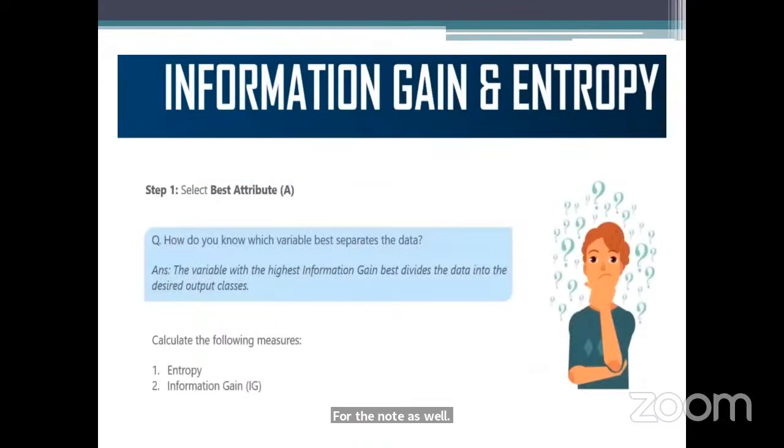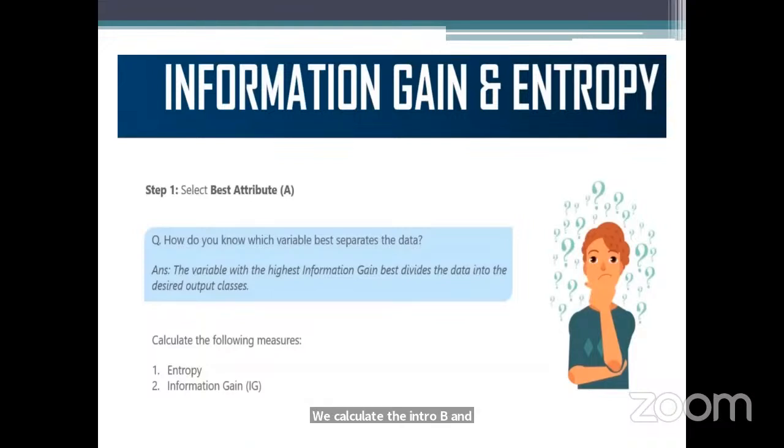So step one is to choose the best attribute, right? So how do you do it? Which attribute separates the data? The variable with the highest information gain divides the data into the desired output classes. First of all, we will calculate the two measures. We will calculate the entropy and the information gain.